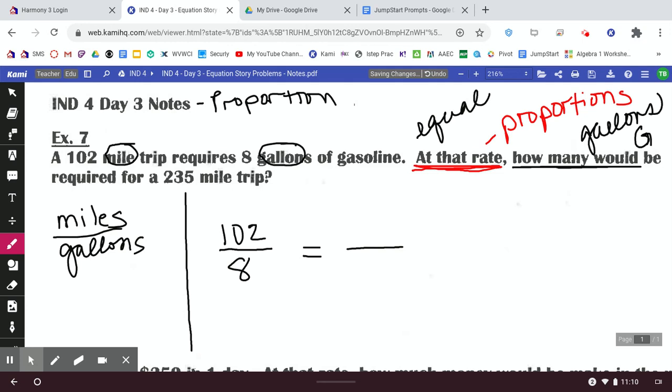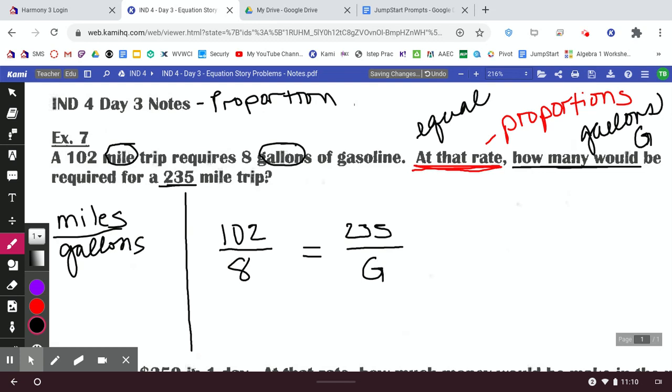Now on the other side, I want to stick with miles on top and gallons on bottom. What I'm comparing it to is this other trip that would require so many gallons, that's my unknown, for a 235 mile trip. Again, miles goes on top, so 235 goes on top. And then my unknown, G, is the number of gallons that would take.